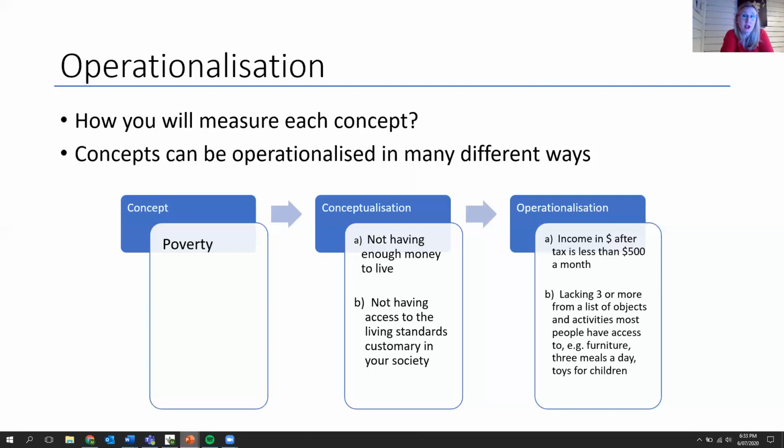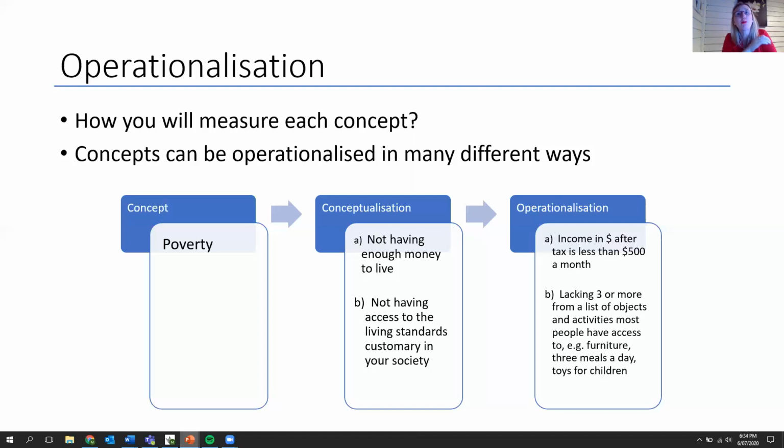It could mean not having things like toys or a working telephone or electricity or water. So that paints a very different picture than my first conceptualization attempt. Not having access to living standards customary in your society. All right, I think we might go with that one. I like how that sounds.